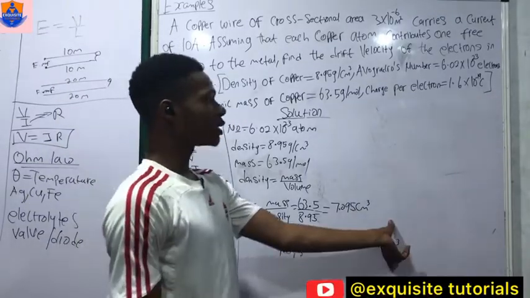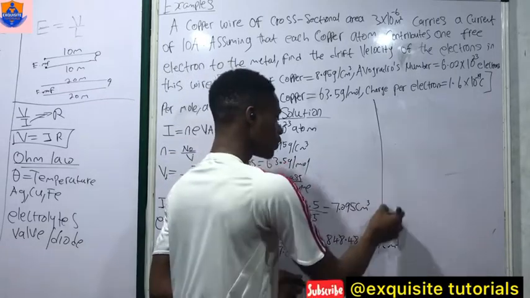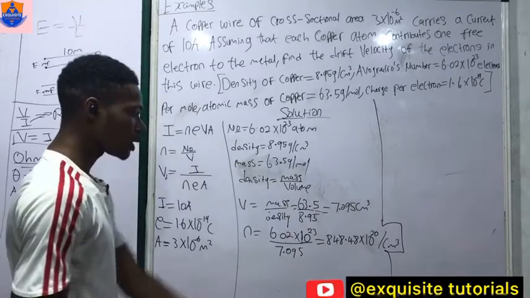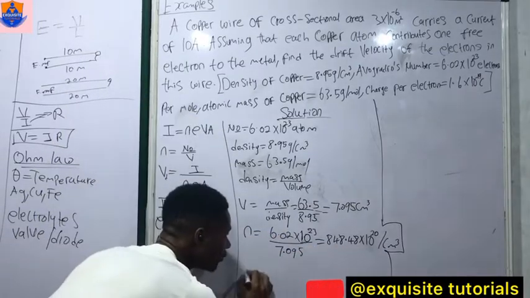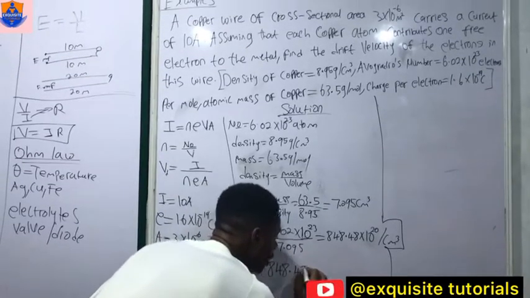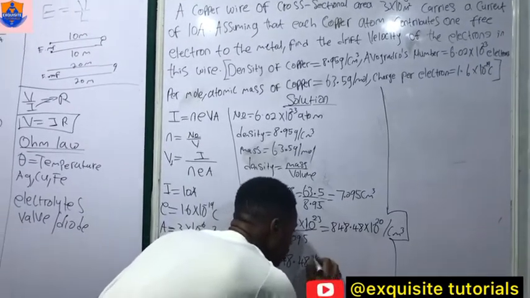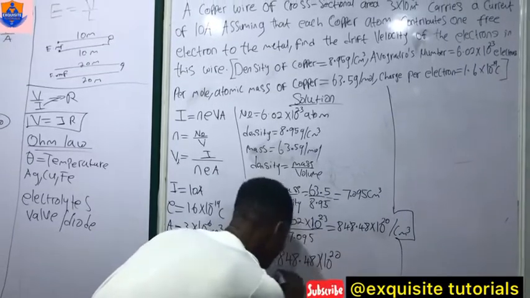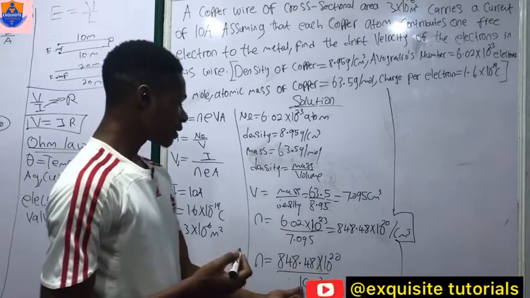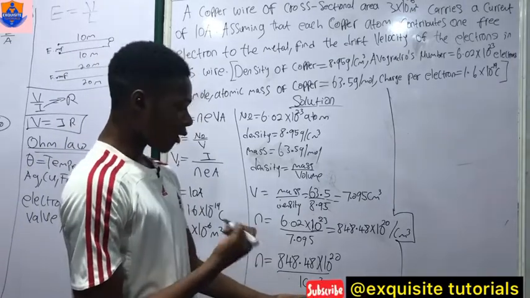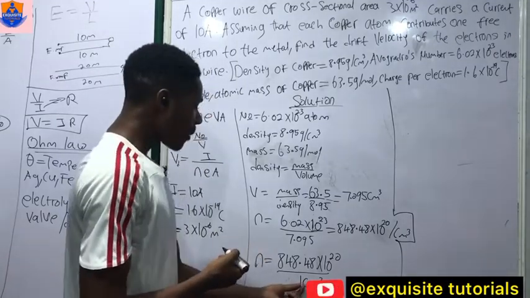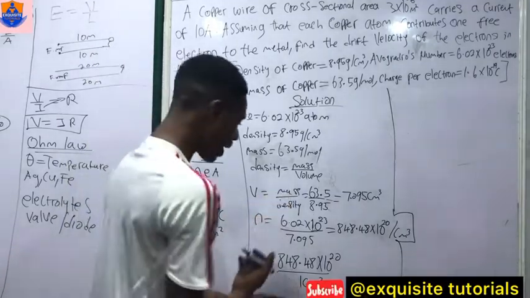Let's convert to meter because we are asked to calculate drift velocity and our answer should be in meters per second. Now we have N equal to 848.48 times 10 to the power of 20 divided by 1 cm cube. When we are converting from centimeter to meter, we multiply by 10 to the power of minus 2. But since we have meter cube, we multiply by 10 to the power of minus 2 three times.